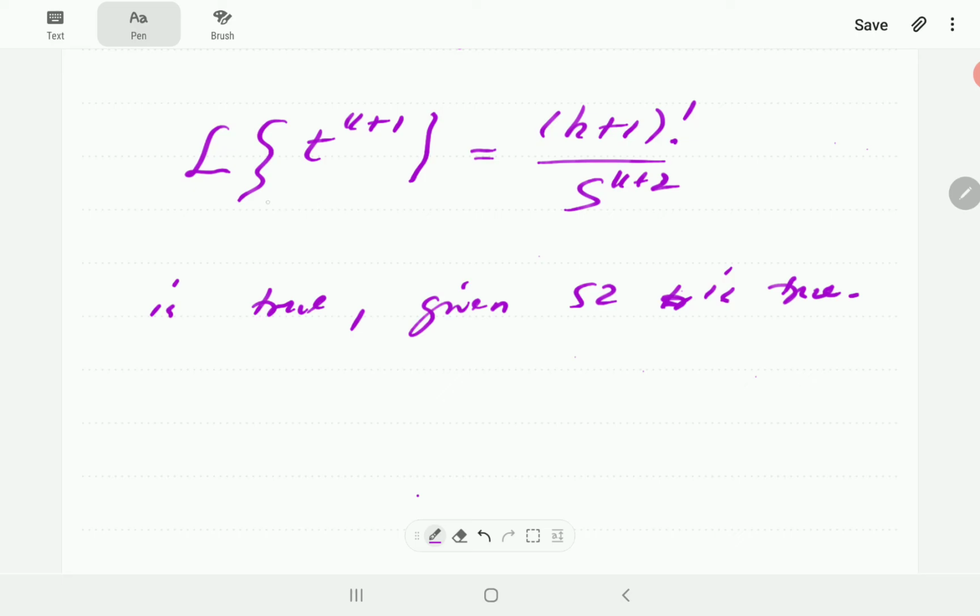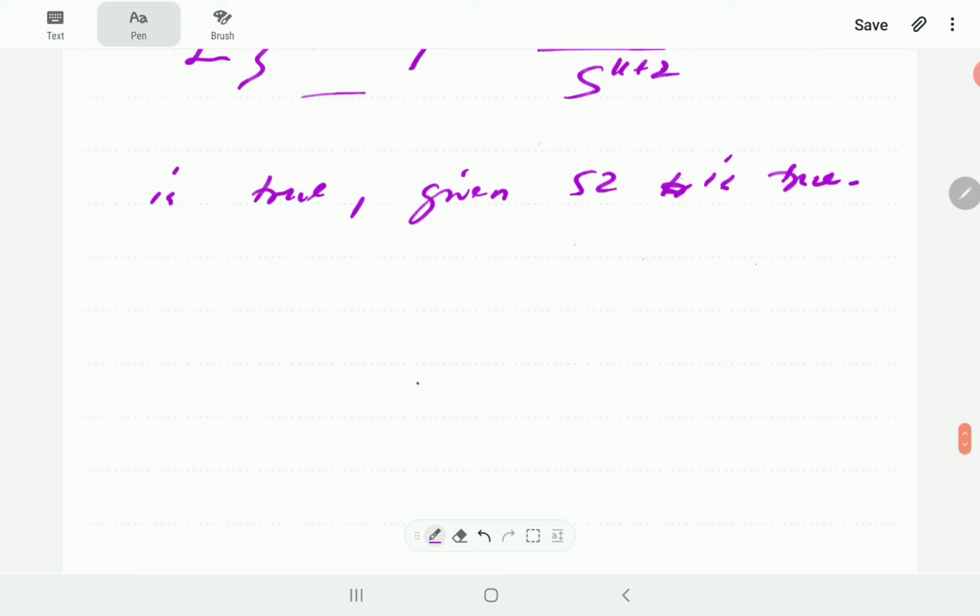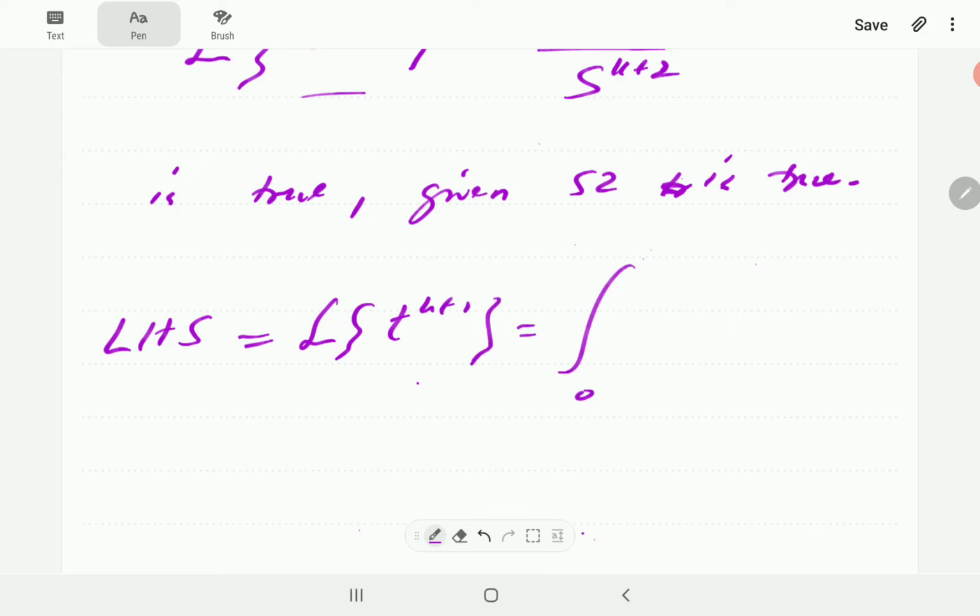So again, we're going to work on the left-hand side. The Laplace transform of t to the power k plus 1 is going to be the integral of t to the power k plus 1 e to the minus st dt.